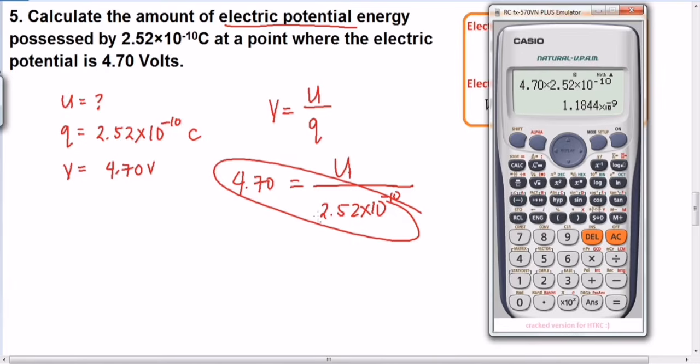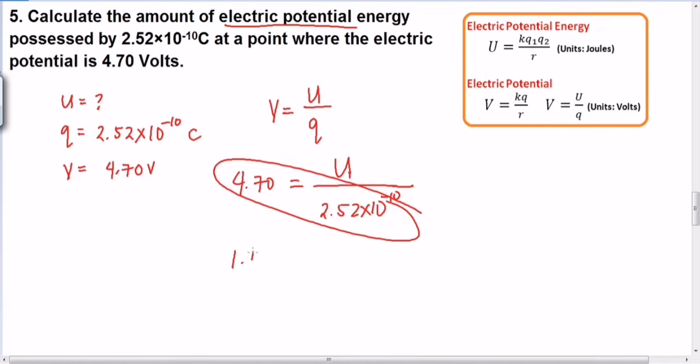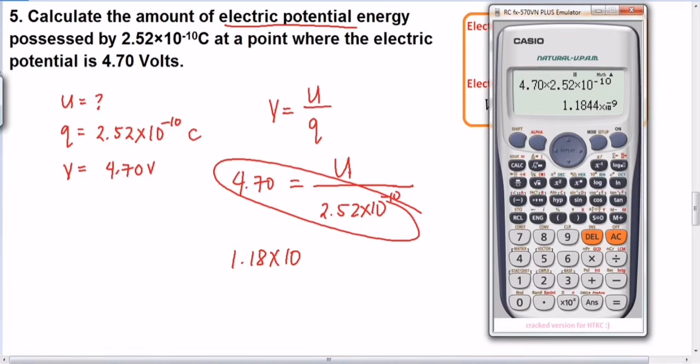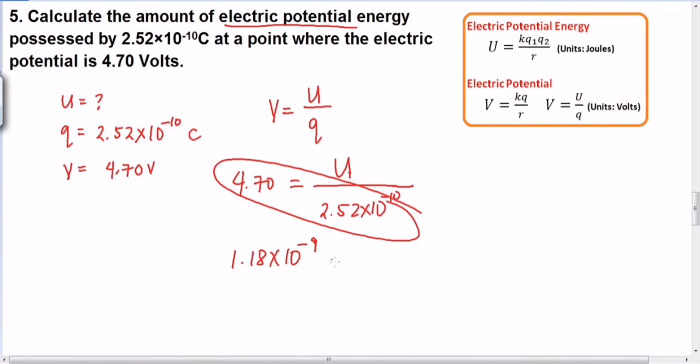The answer would be 1.18 times 10 raised to negative 9, is equal to, syempre may imaginary na 1 dyan. Pagka multiply nyo yan, 1 times U is U. So, ayan na, may sagot na kayo na letter U. U is equal to 1.18 times 10 raised to negative 9. Since this one is electric potential energy, ang unit niya ay joules.